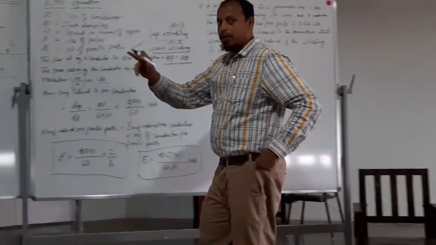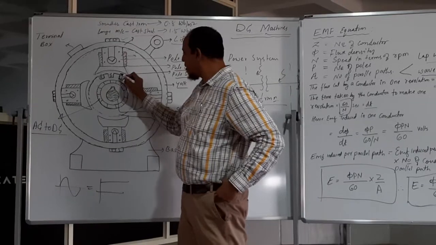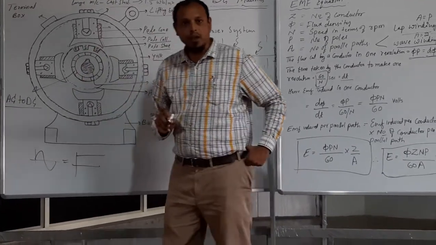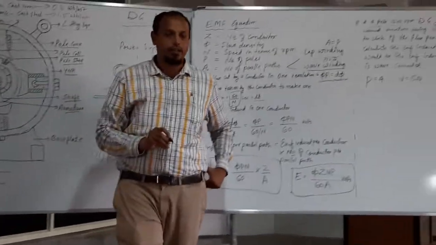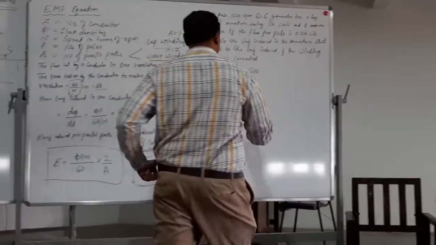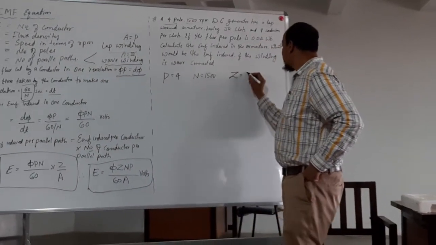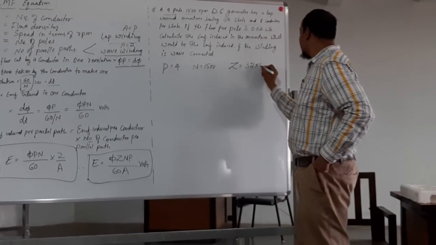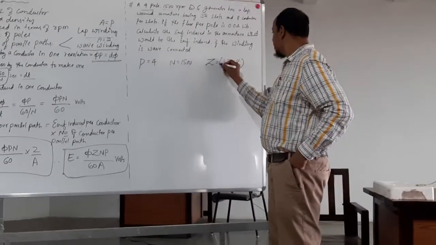It means in this entire armature the total number of slots is 32, and in each slot there are 8 conductors. Therefore the total number of conductors Z equals the number of slots into the number of conductors in each slot.